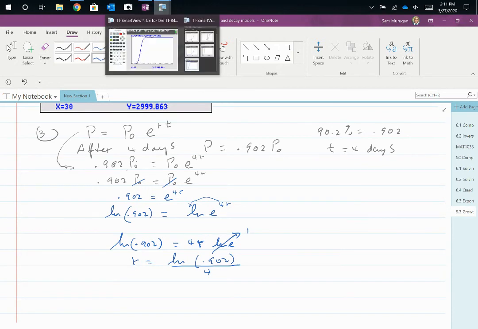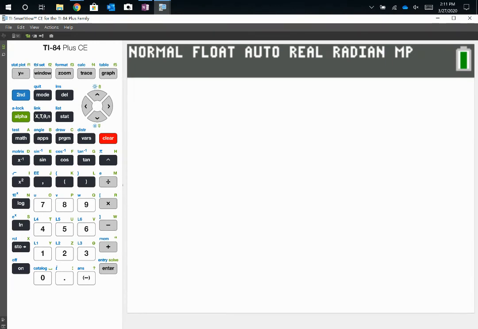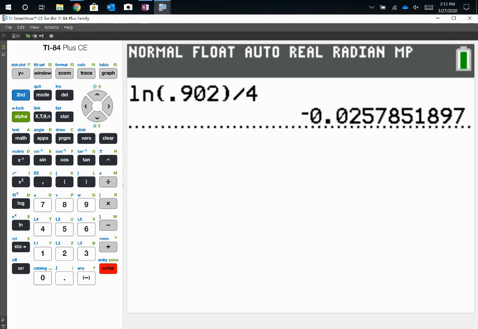So we're going to put that into a calculator. Natural log 0.902 divided by 4. To 6 decimal places, that's 0.025785.